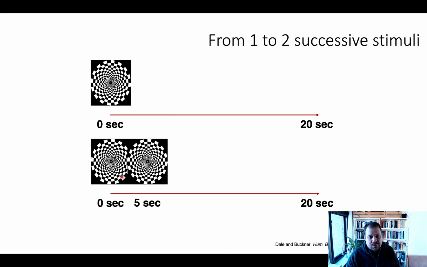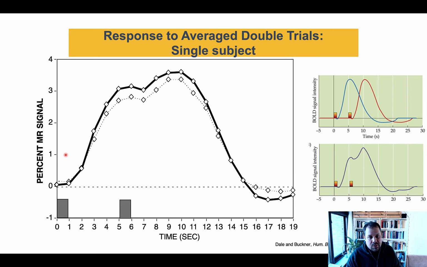Now, what happens if we present two stimuli in rapid succession? If we have superposition, then the response to the second one should be added to the response to the first one, right? And that's exactly what we're seeing here. We have this initial response, then a bit of a decline, and a second response that leads to a bit of a larger peak. So the amplitude goes up a little bit more.